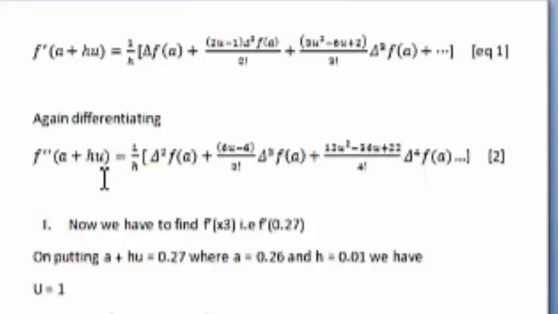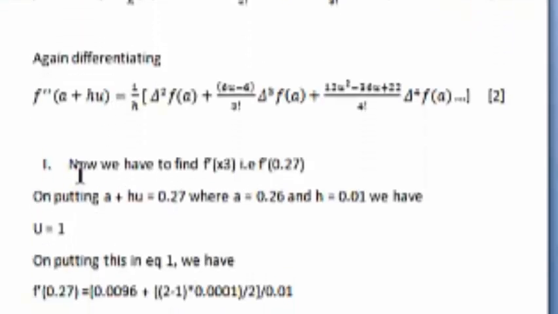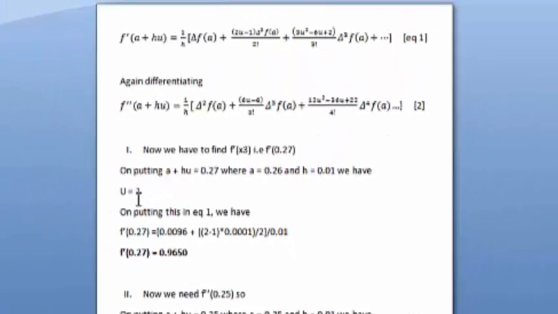Now to solve the first order, we are calculating the value of u using this formula, that is a plus hu equals 0.27, where a is 0.26 and h is 0.001. From that we have calculated the value of u, and putting the value of u in the first equation, we get f dash at 0.27 equals this.